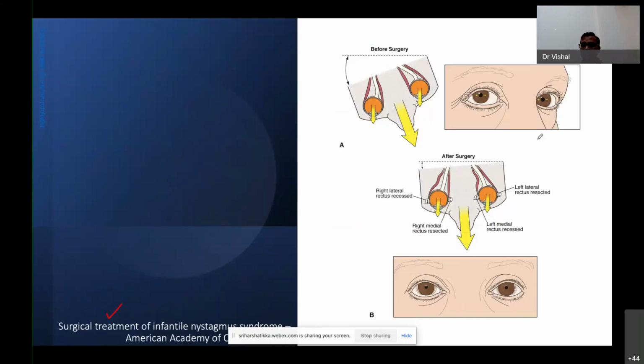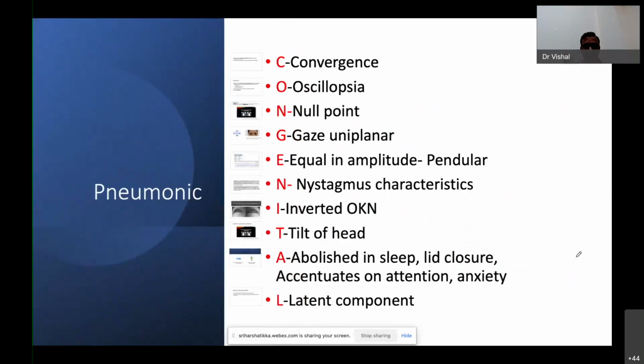In this surgical treatment, there is a resection of these lateral recti or medial recti or other muscles, and that can help in reducing the nystagmus and creating that null zone in the straight ahead gaze, and that can help the patient in improving the vision. Those patients who have oscillopsia or have visual symptoms, it can help.